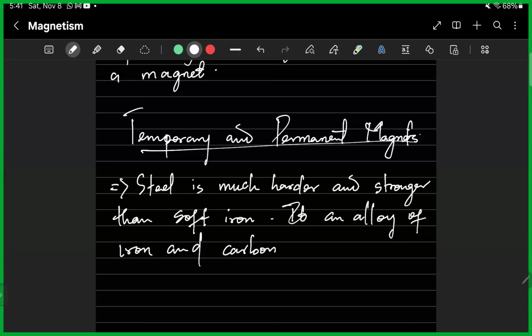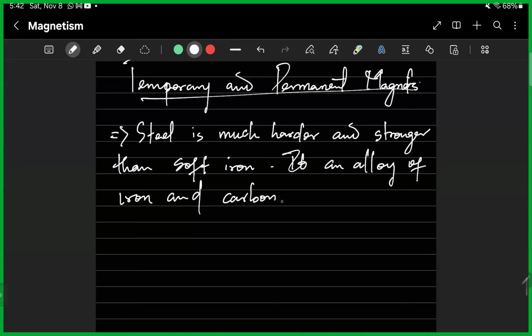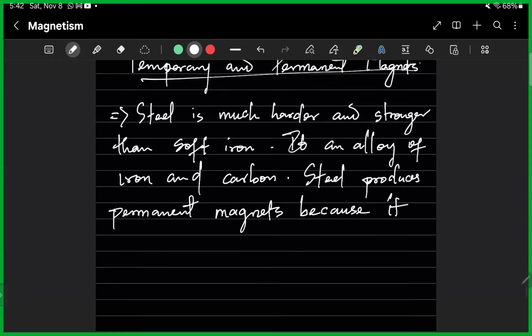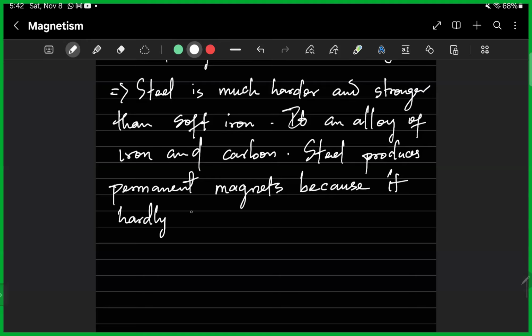And steel produces permanent magnets because it hardly loses its magnetic property.